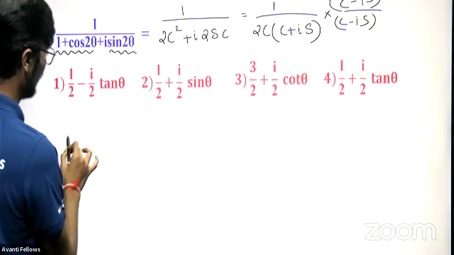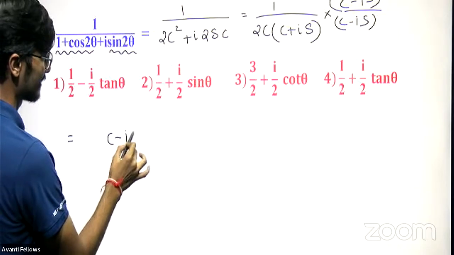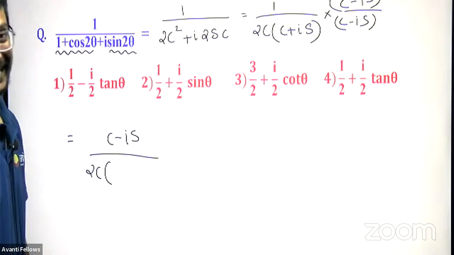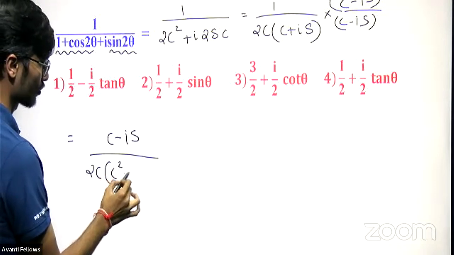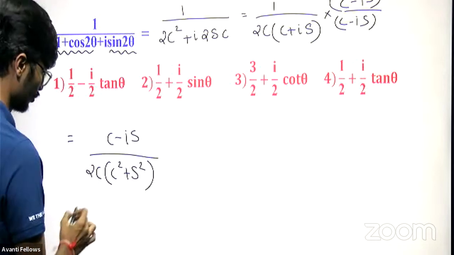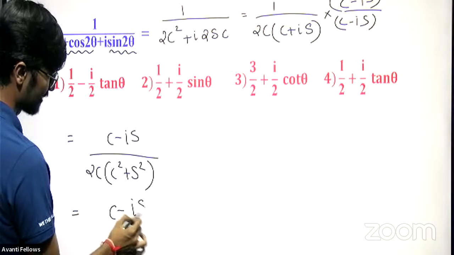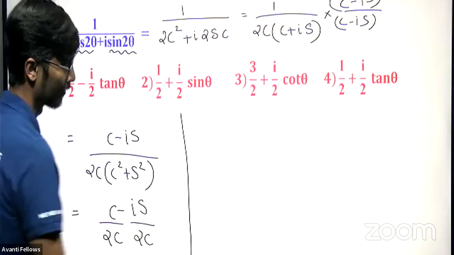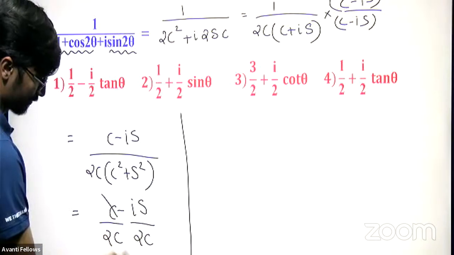So in the numerator, I'll be getting cos minus i sine, and in the denominator 2 cos times a square plus b square, so cos square plus sine square, if you remember, which is 1. So basically I got (cos minus i sine) upon 2 cos. Here cos and cos will get cancelled.